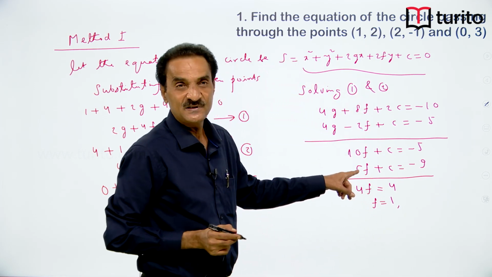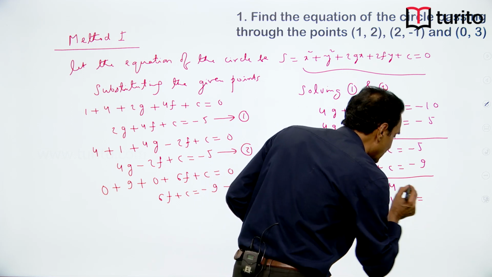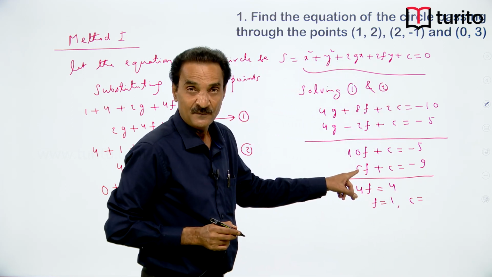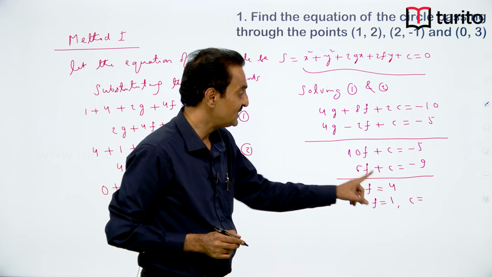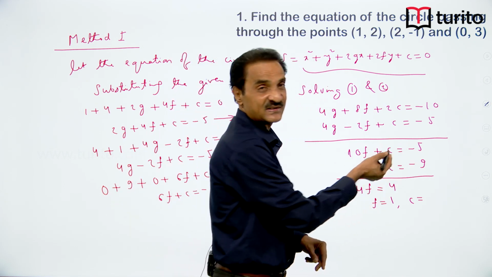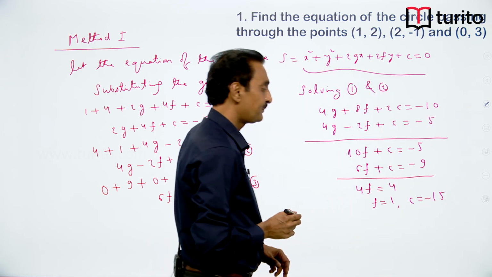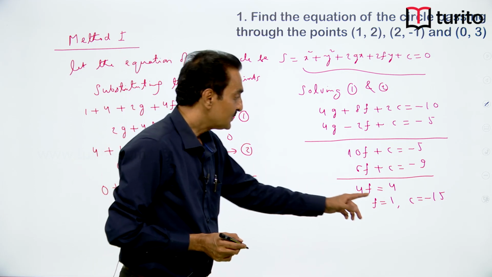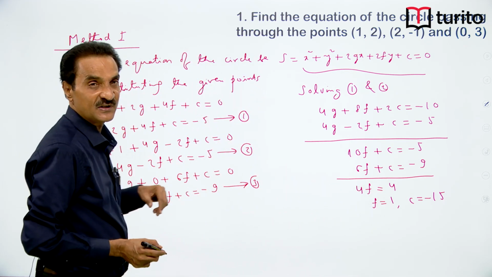If we substitute f is equal to 1 in any one of the two equations, we will get c. Substitute f is equal to 1 here, 6 plus c is equal to minus 9. So c will be minus 9 minus 6, that will be minus 15. Now substituting f and c in first equation or second equation, we will get g.